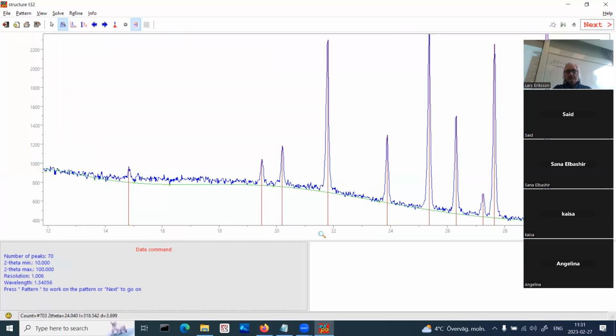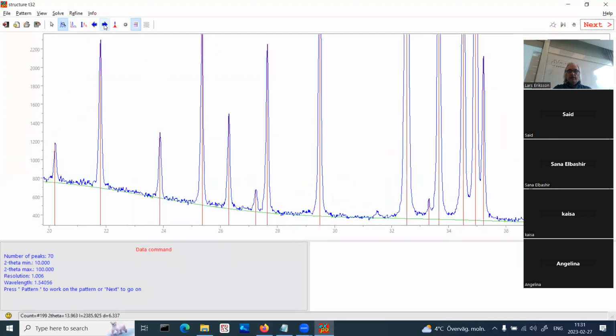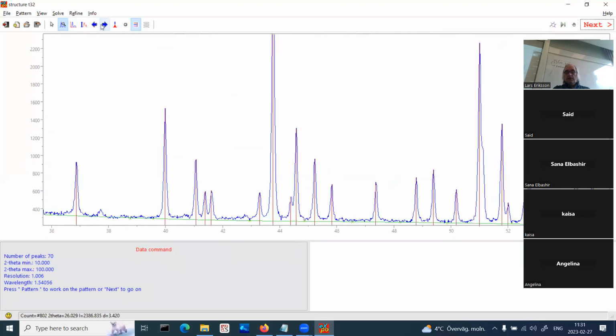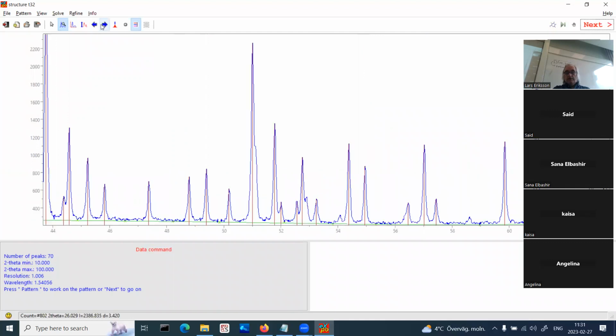Well, these peaks are probably quite okay. And this arrow up here moves the cursor. There are a few peaks that are not detected, but they could very well be impurities, or we just leave them if they are very weak. I would say that this is so far quite okay.